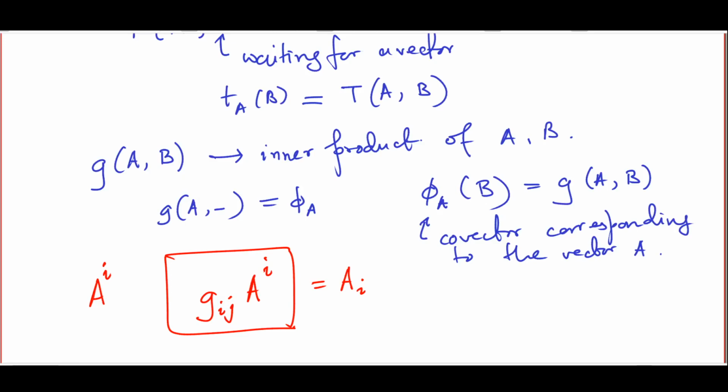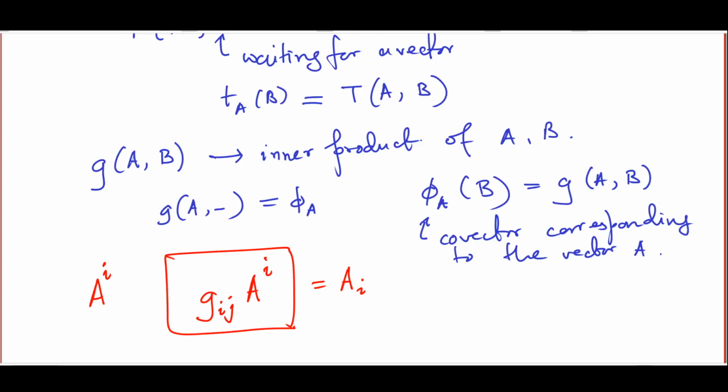Here, if you feed the vector A into the first slot or the second slot, G being symmetric, it doesn't matter which slot it is that you fit your A in, you will get a very special covector, a covector whose job is to return, when acting on a vector, nothing but the inner product of A with that vector.